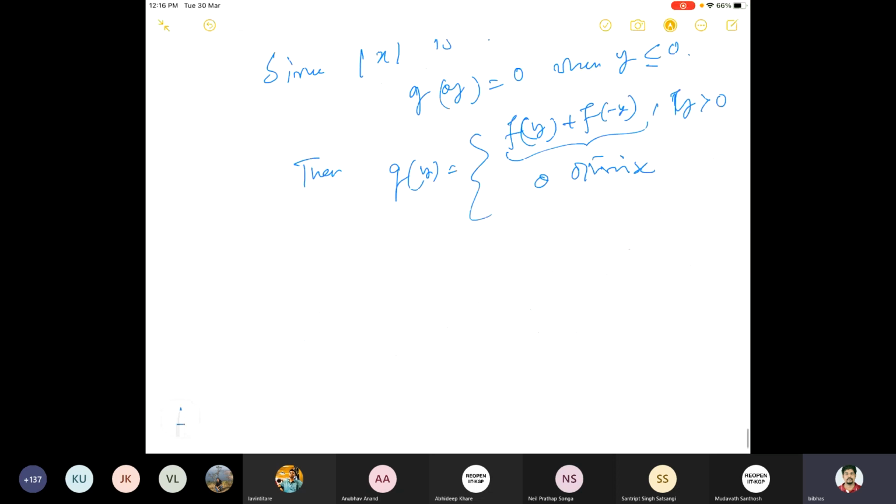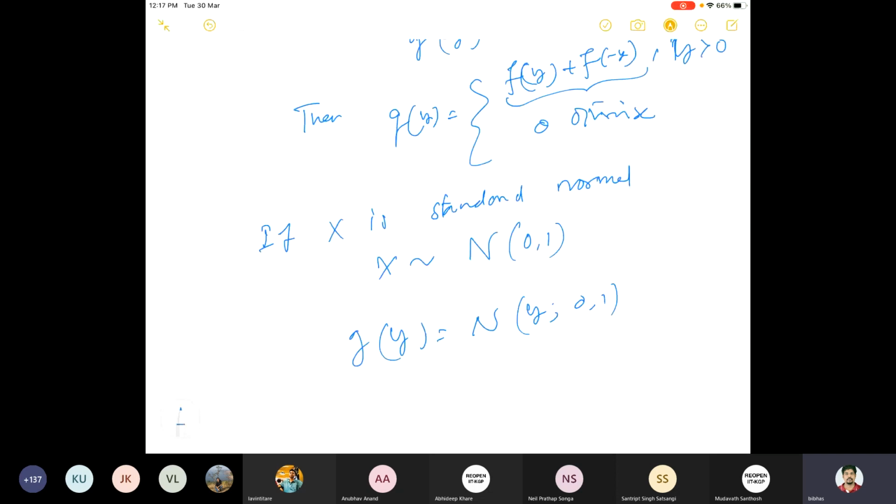Now, if X is standard normal, that means X is distributed N(0, 1). So then what is g(y)? g(y) will be N(y; 0, 1), where 0, 1 are the mu and the sigma, plus N(minus y; 0, 1).